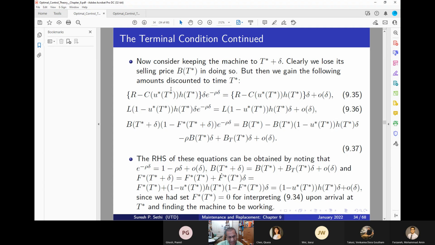And because I'm getting this production, I need to also bring everything to t star, so I put the discount rate. And I want to equate that to this, because I'm going to open it up with a Taylor series, with delta being small. So e to the minus rho delta is going to open up like this. e to the minus rho delta is 1 minus rho delta plus o of delta.